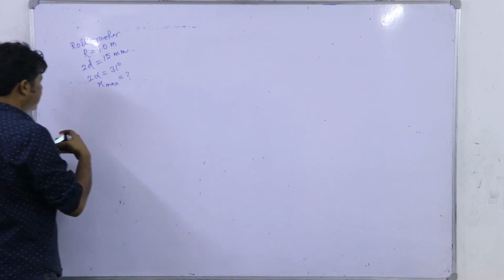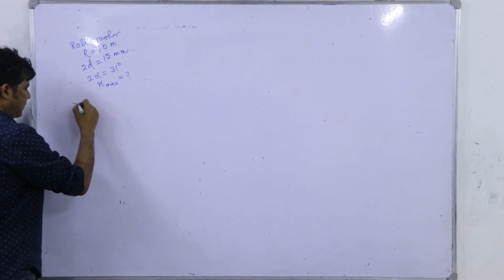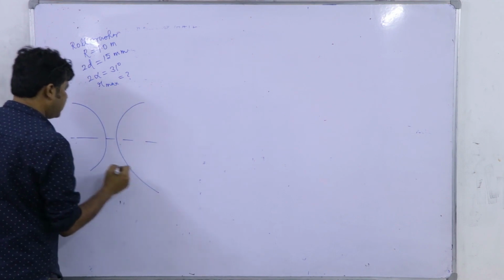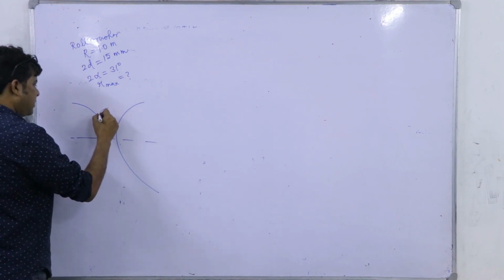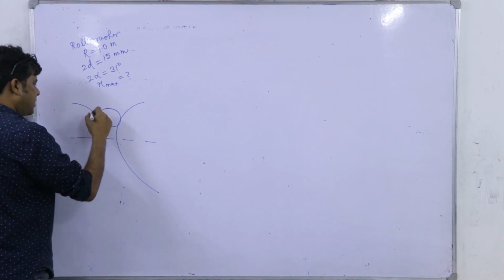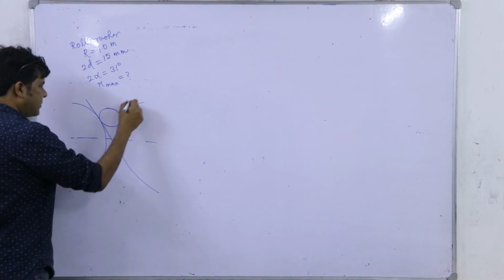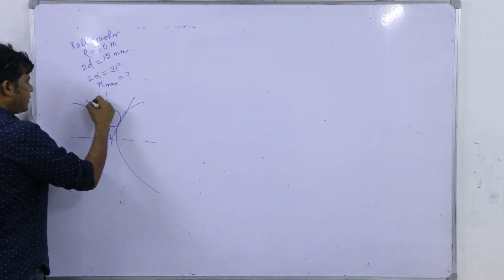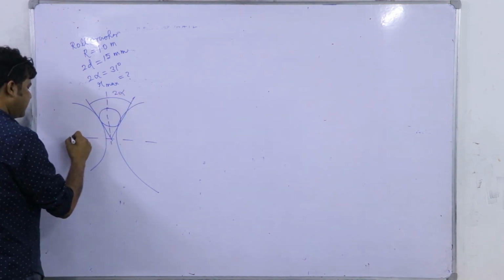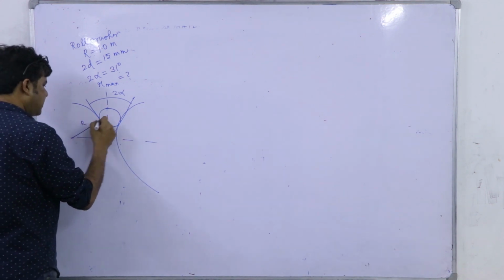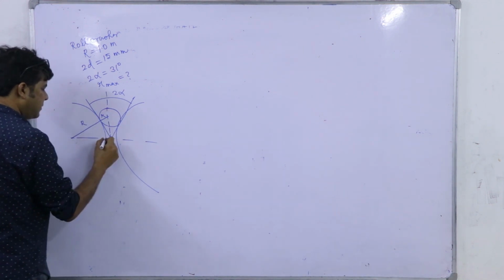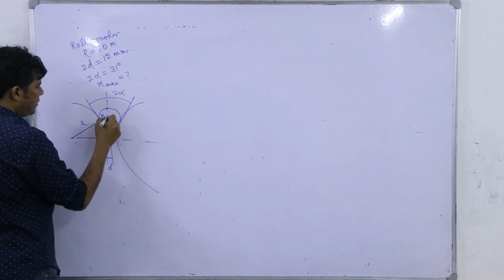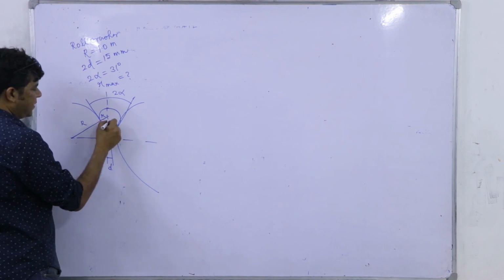is. So, you see, if I draw the diagram once again, this is the roll crusher, right. The particle which is nipped will be crushed. So, this angle is 2 alpha, this is R, this is small r, this is d. Whenever this is alpha, this is 90 minus alpha.